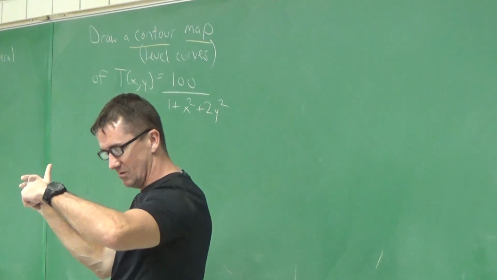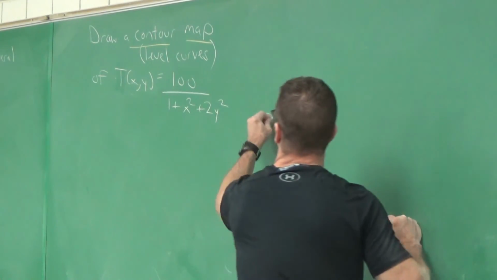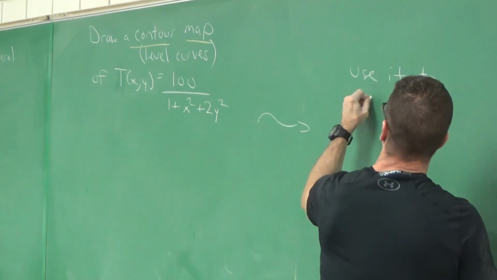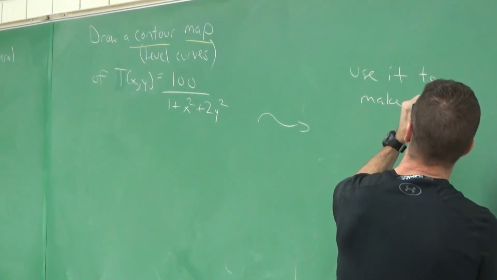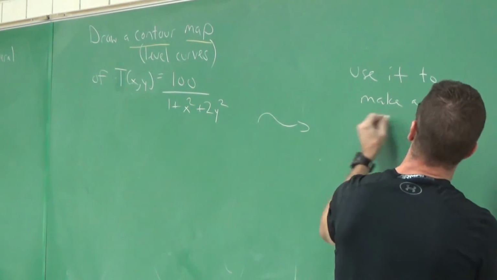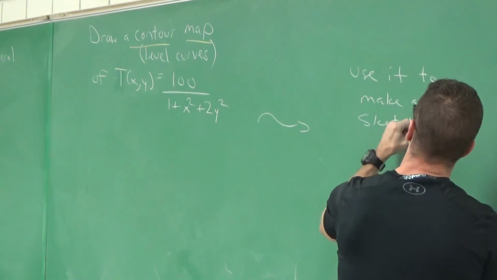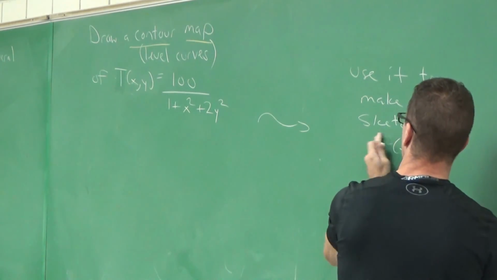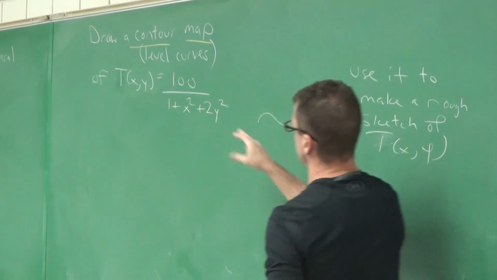When we're done though, I was wondering if, once again, we can use this to make a rough sketch of the function of x and y, which in this case was a big T. And we'll do that again. All right, let's start out.